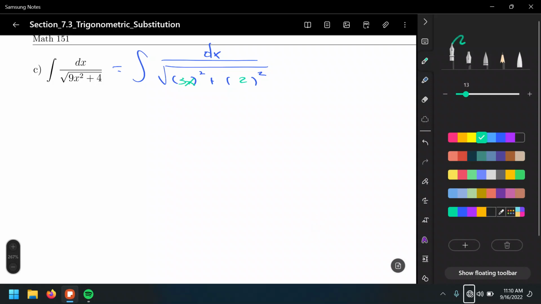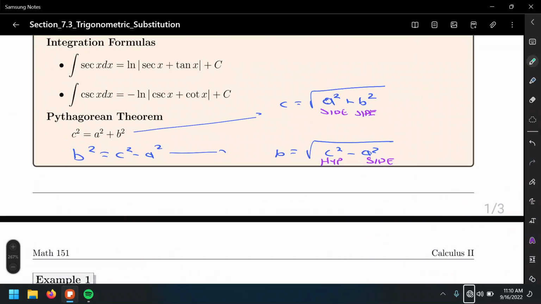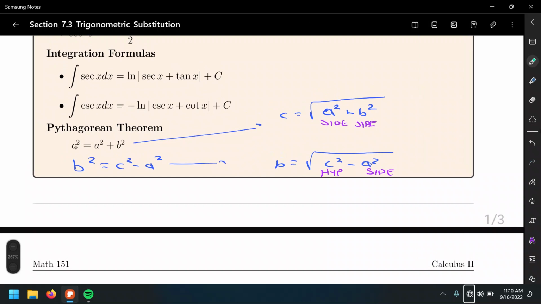In this case, the sum of squares, both terms would represent this time the two legs of the triangle, not the hypotenuse. Let's recall that. Let me go back to the first page. Coming back to the Pythagorean theorem, hypotenuse squared equals side squared plus side squared. In some cases, we're given the lengths of the two sides.